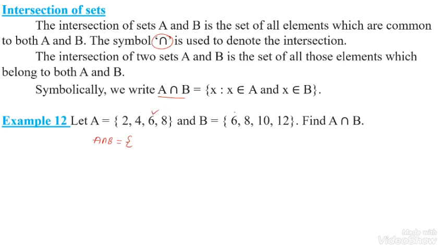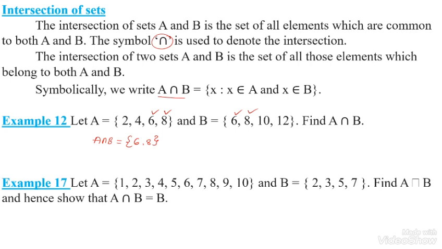Here 6 is common to both sets. 6 is present in both sets and 8 is also present in both sets. There are only two elements present in both sets. Therefore, A intersection B will be {6, 8}.